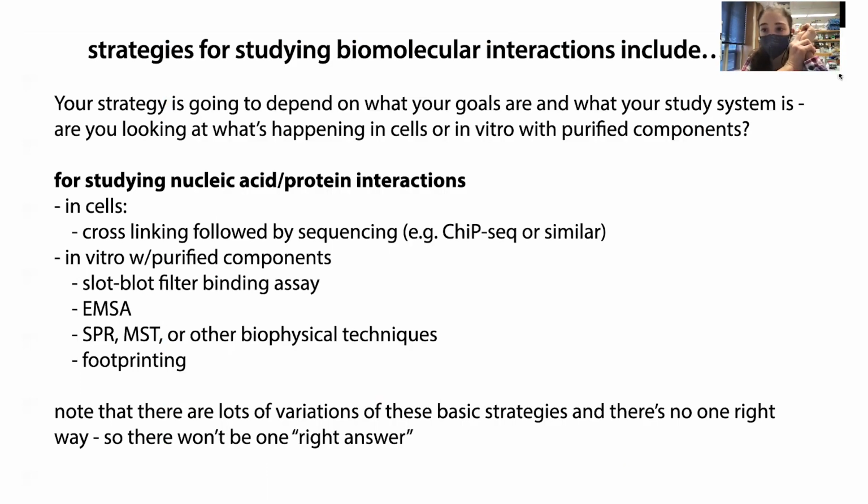Each has different pros and cons, and each will involve its own sorts of troubleshooting. Importantly, these techniques do not show you where something is bound. If you want to know specifically where it's bound, one way to do this is with DNase I footprinting. In this case, you would have your radiolabeled DNA.